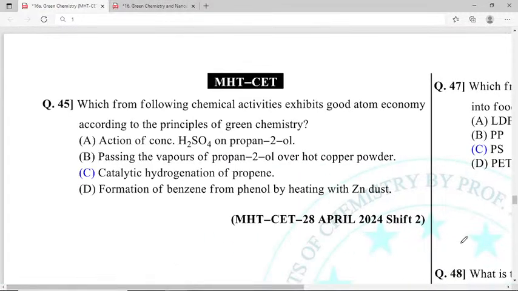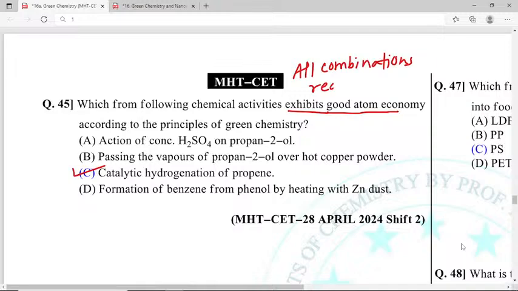Next question. Which from following chemical reactions has good atom economy? Again the question about good atom economy. Catalytic hydrogenation of propene is a combination reaction. Always remember all combination reactions show good atom economy.